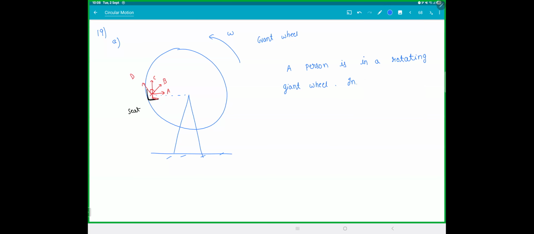So in which direction? If you're sitting in a seat like this, in which direction is the seat exerting force on you? So is it A's direction, B's direction, C's direction, D's direction? So those will be the options in the exam.